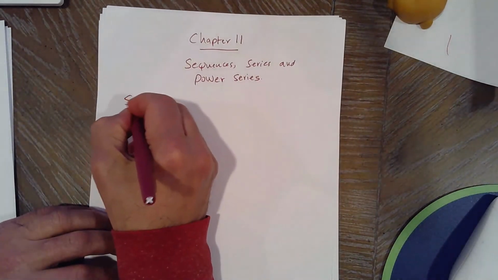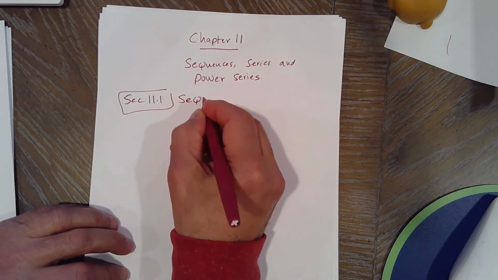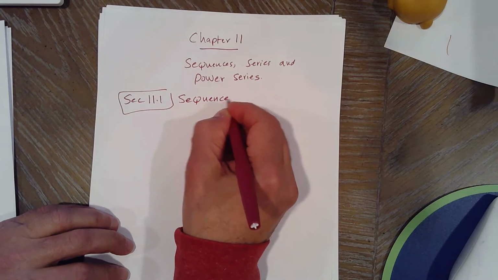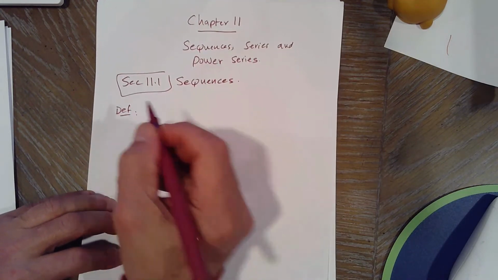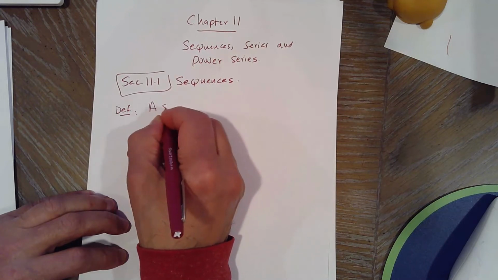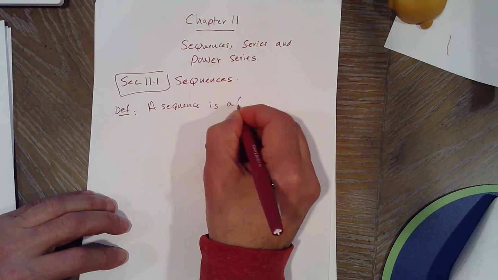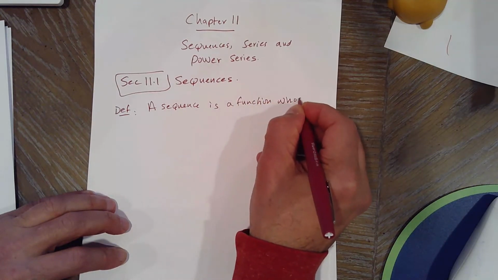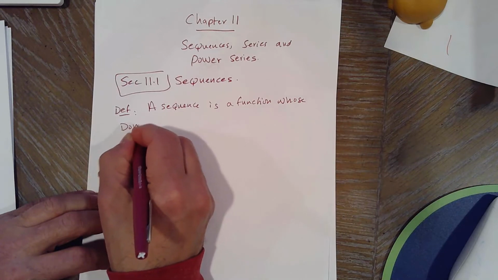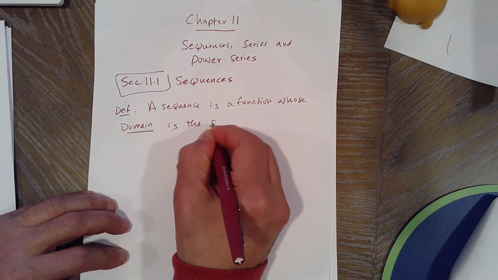So let's first start with sequences, something we did do in Math 1540, college algebra. So when we say a sequence, what do we mean by a sequence? A sequence is a function. It's not just any function, it's a function whose domain is very restrictive: a set of positive integers.